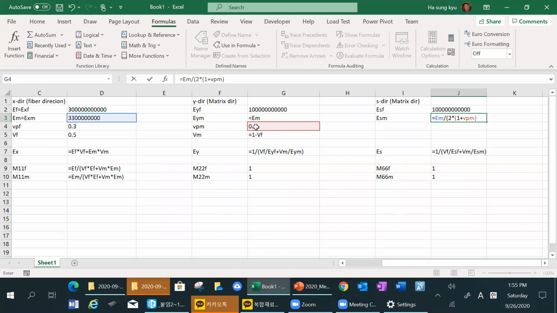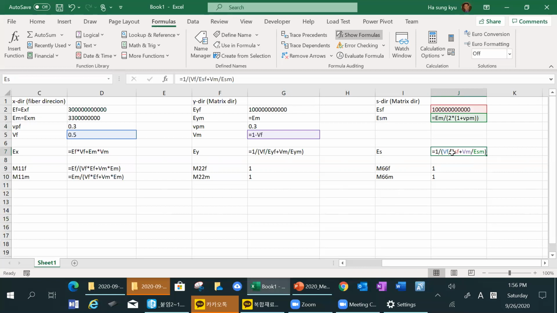This is how we calculate the shear modulus of an isotropic material, right? And then what else? Okay, so ES is given from this value and this.